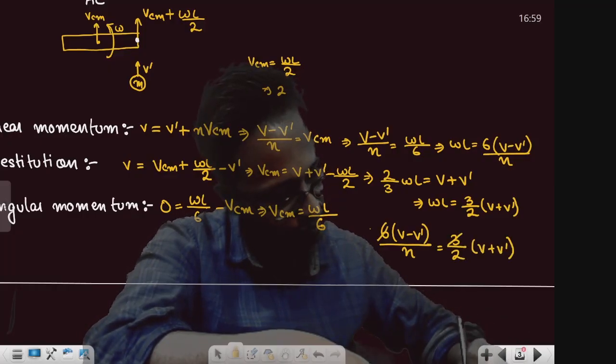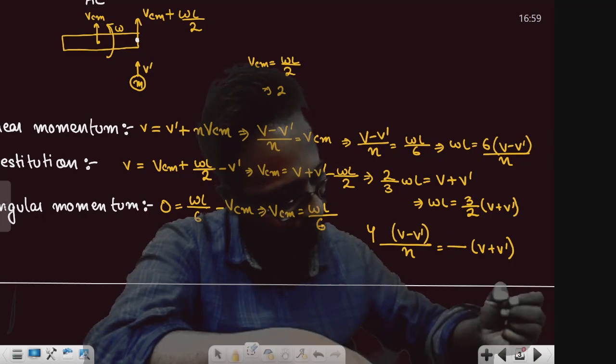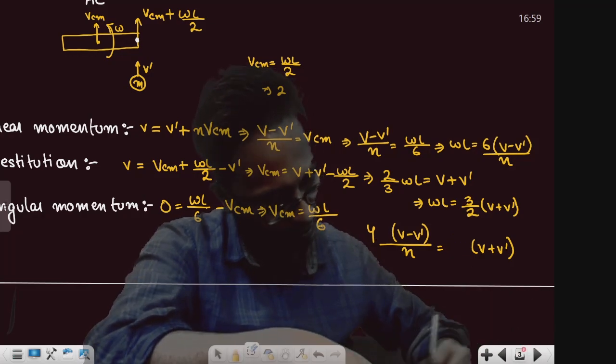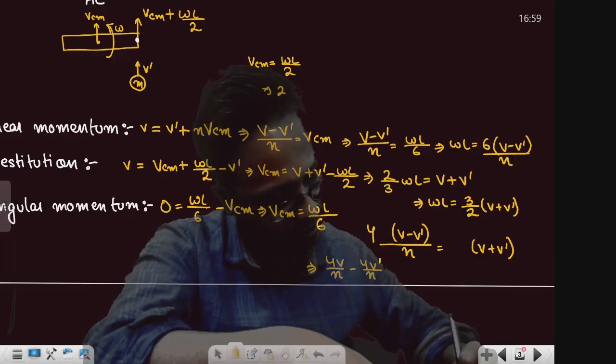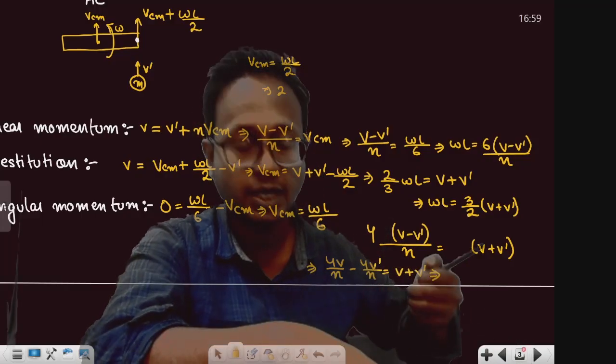So the 3 and 2 would go over here and become 4. I get my equation as 4v by n minus 4v dash by n is equal to v plus v dash. What do I need to find out? v dash. So let me take this v dash to the right hand side.